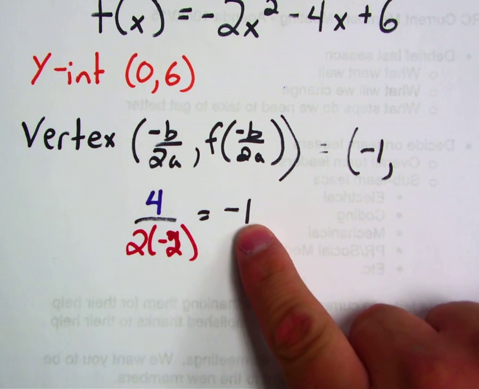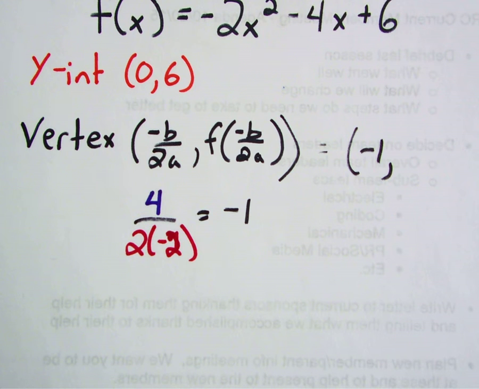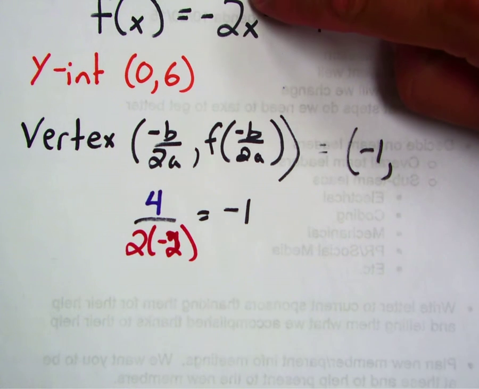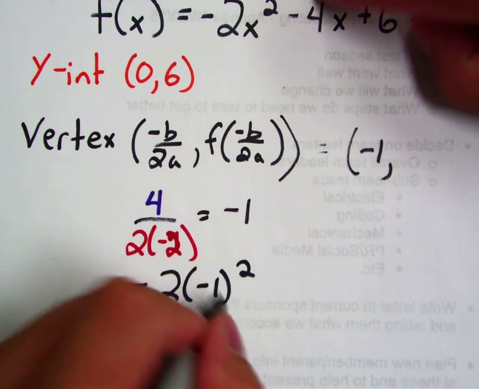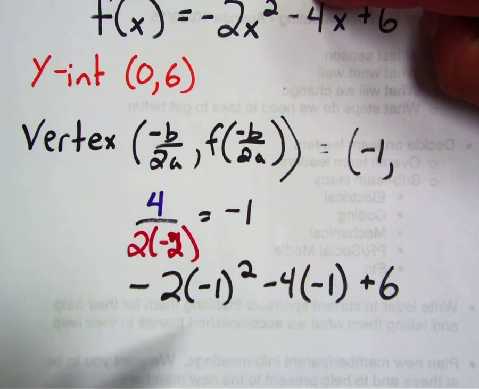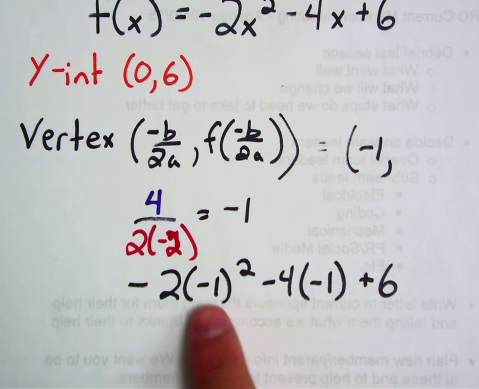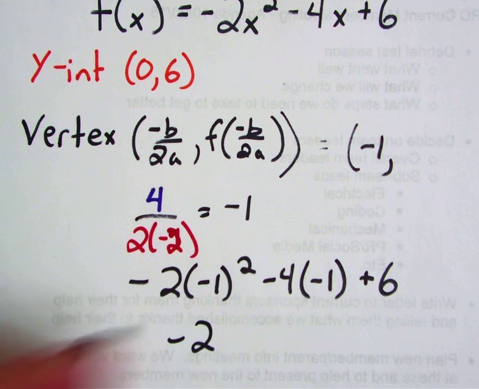So for our vertex so far, we've got negative 1 for our x-coordinate. To find our y-coordinate, we're going to take the x-coordinate and just use the function rule to figure out what the y-coordinate is going to be. So we'll have negative 2 times negative 1 squared minus 4 times negative 1 plus 6, and we'll just go through and simplify that. Negative 1 squared is 1, times negative 2 is negative 2.